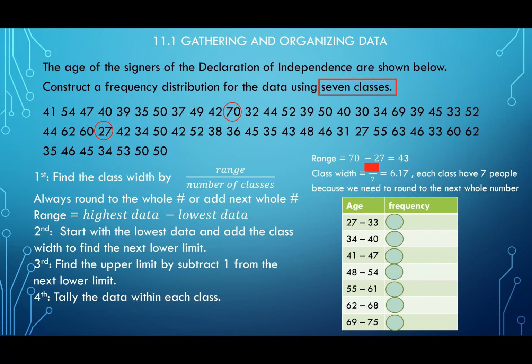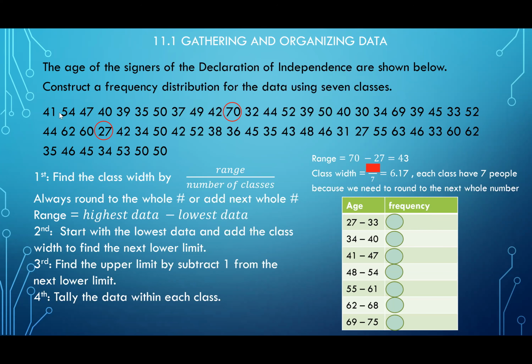Now, once you find the class, the next thing is just elementary, which is you go in and you tally your class, right? You tally your items. So if you go in this individual item here, all you do is you ask yourself, how many people are between the age group of 27 to 33?